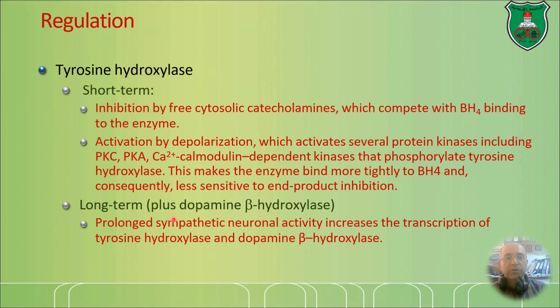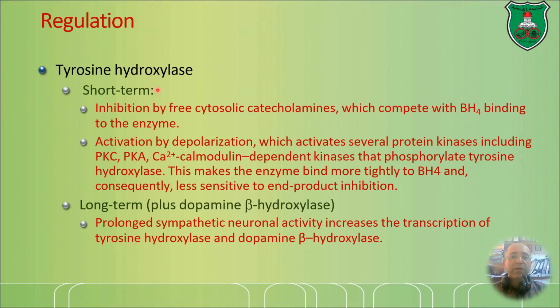Long term regulation means we're talking about gene expression, transcription with translation, and it takes time, takes hours. So when we have prolonged sympathetic neuronal activity, a lot of firing in the neurons, there will be increased transcription of tyrosine hydroxylase as well as dopamine hydroxylase, which converts dopamine to norepinephrine.